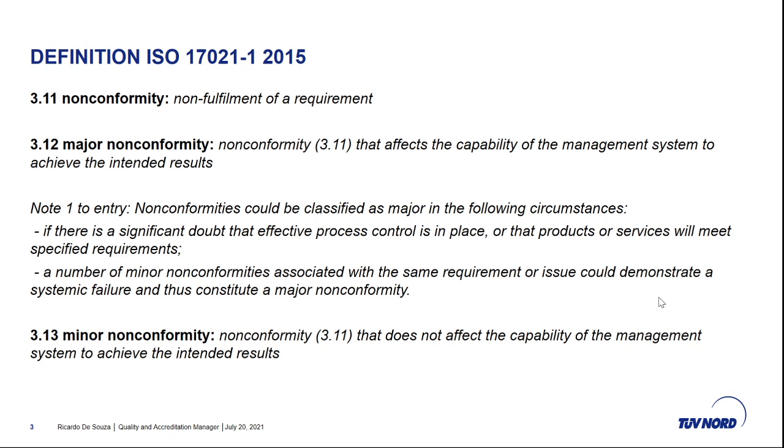For instance, TUV is a certification body. We perform third party audits and we issue certificates when we have evidence that the customers comply with the requirements of the standards. We need to send qualified auditors to the companies, right?